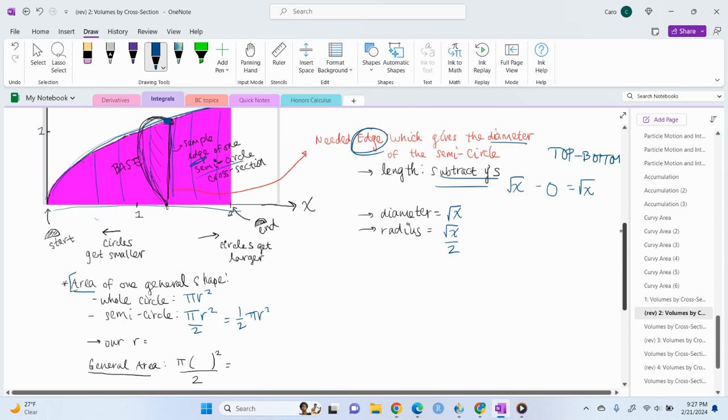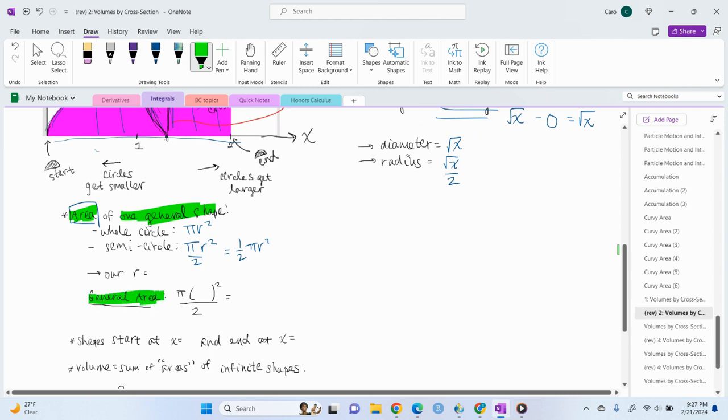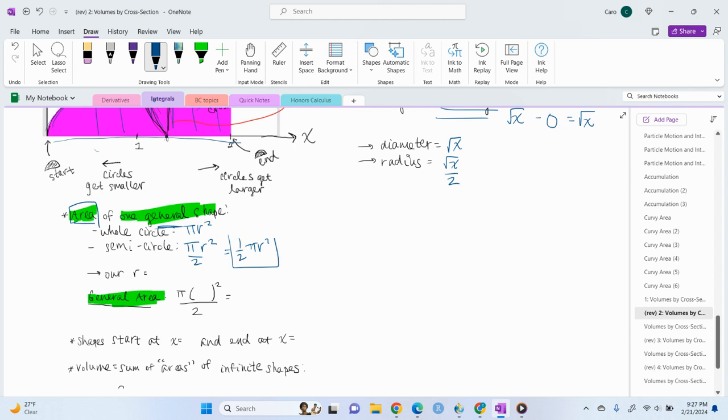Then you're going to go ahead and find the area. So first get an edge, then find the area of one general shape. So here's my general formula: pi r squared over 2, or 1/2 pi r squared. I'm going to fill in what my radius is. Notice it's over 2 again because this is my radius and this is cutting the whole area in half to get a semicircle.